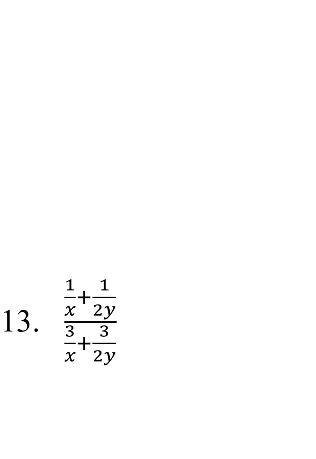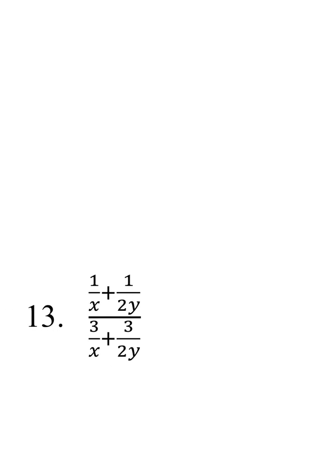Okay, so I'm just looking at the denominators, and I can tell on the top, my denominator is going to be 2xy. And on the bottom, my denominator is going to be 2xy, which eventually are going to cancel each other out. So I'm not even going to write them. I'm only dealing with the numerators. Up top, this is 2y plus x. And on the bottom, this is 6y plus 3x.